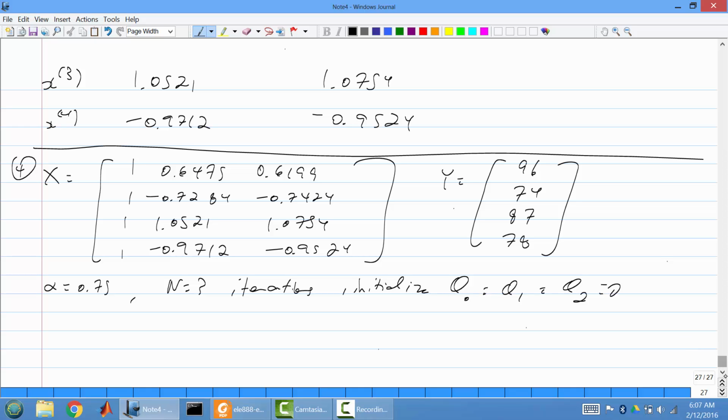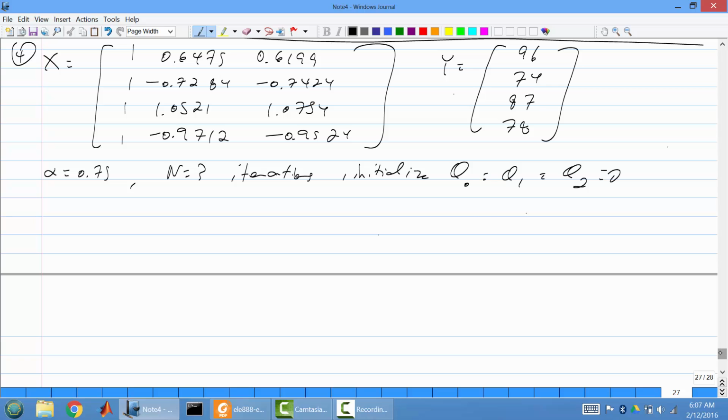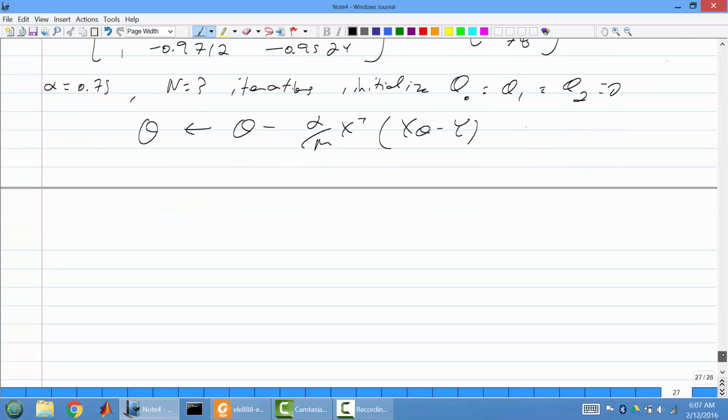So then what we need to do now is simply the update rule that we had from before. It's the linear algebra formulation: alpha over m times x transpose times x theta minus y. So this is the update rule. We're doing polynomial regression. Okay, so let's just do the first iteration.